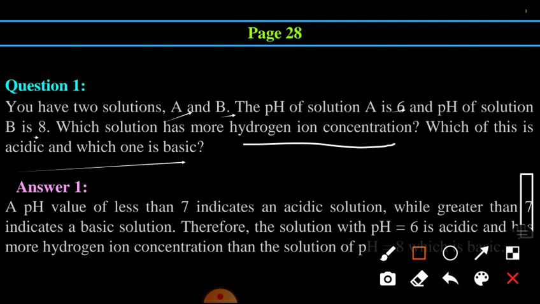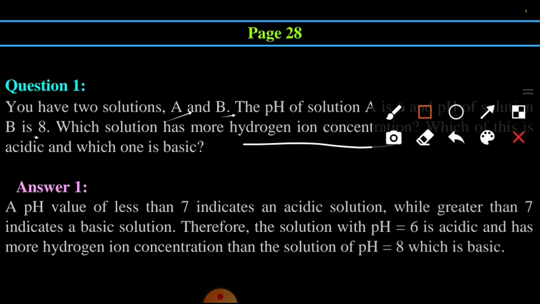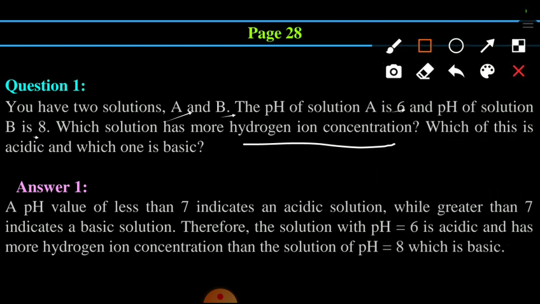So in the question they are asking which solution has more hydrogen ion concentration. Which is acidic, that will have more hydrogen ion concentration. So we can give the answer: solution A has more hydrogen ion concentration. Next question is which one is acidic and which one is basic. So here by the pH 6 and 8 we can say solution A is acidic and solution B is basic.